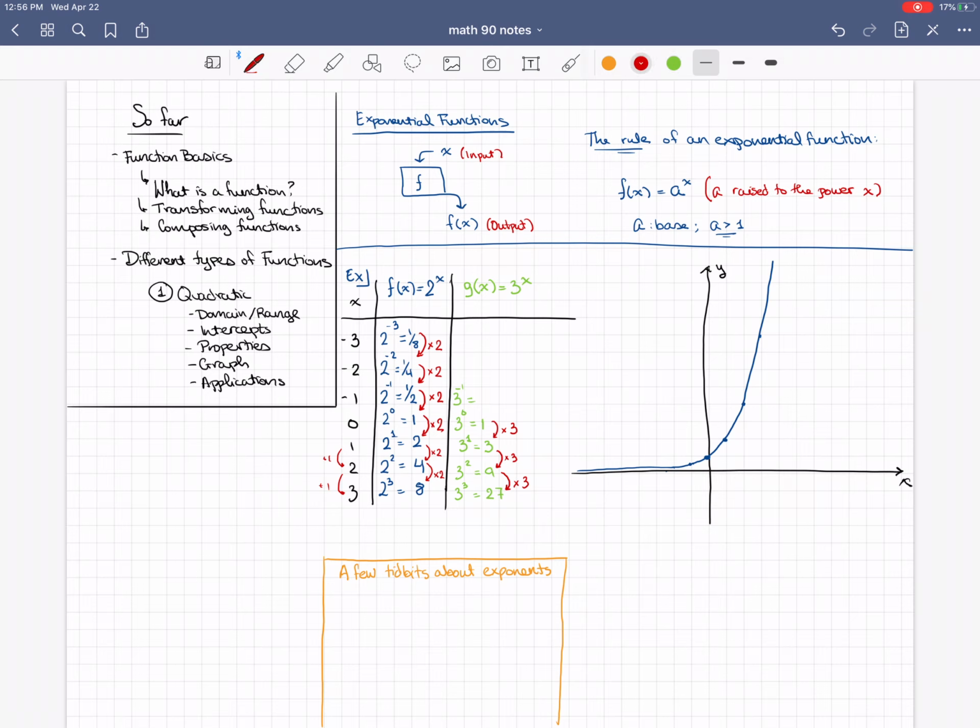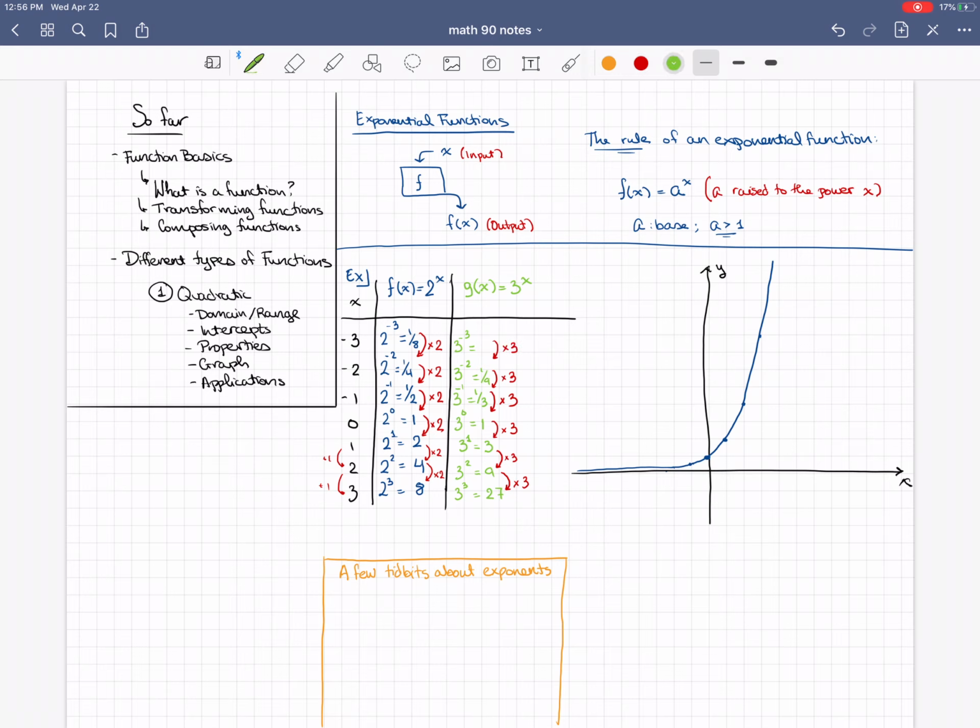Same thing. 3 to the negative first power is what you would triple to get 1, which is 1/3. 3 to the negative second power is whatever you would triple to get 1/3, which is 1/9. And lastly, 3 to the negative third power is whatever you would triple to get 1/9.